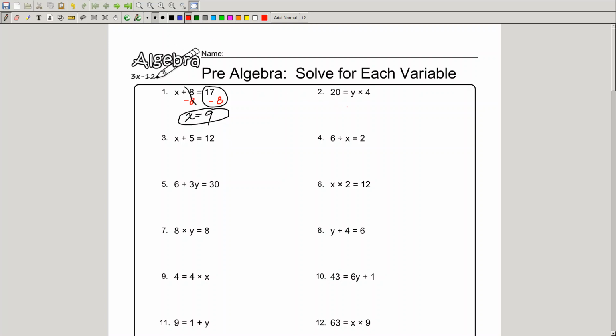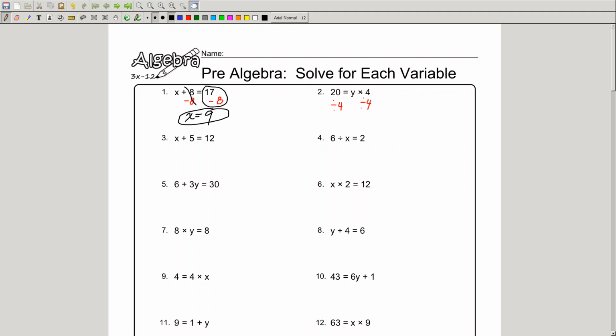In number 2, you've got y multiplied by 4. What is the opposite of multiplication? Division. So guess what we're going to do? We're going to divide both sides by 4. What do multiplication and division do to each other?